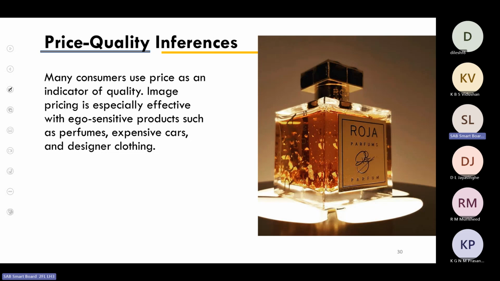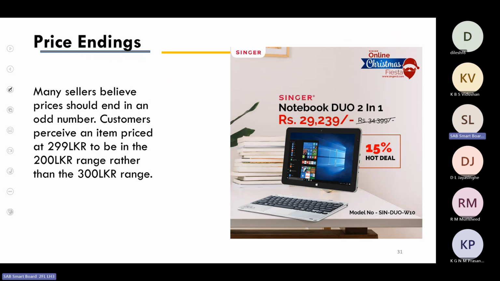So the next one is price endings. This is again something we use under psychological pricing. Many companies or sellers believe that the last digits of their price should be an odd number.